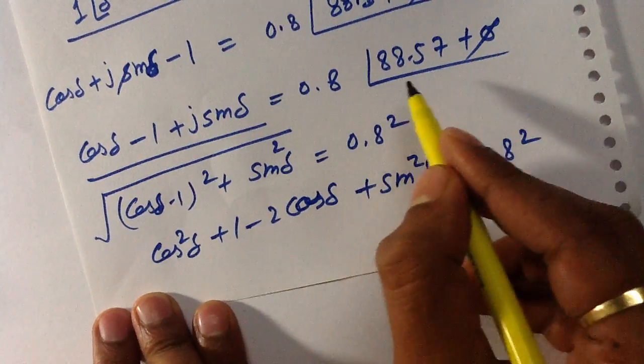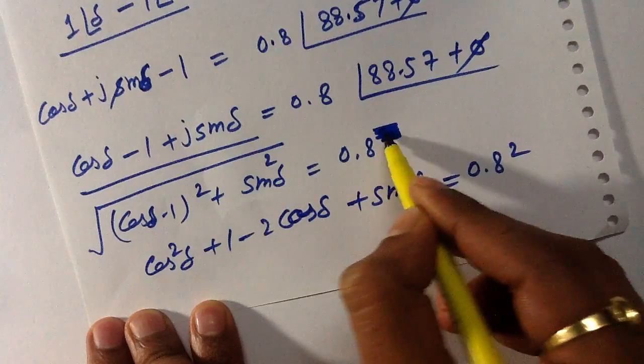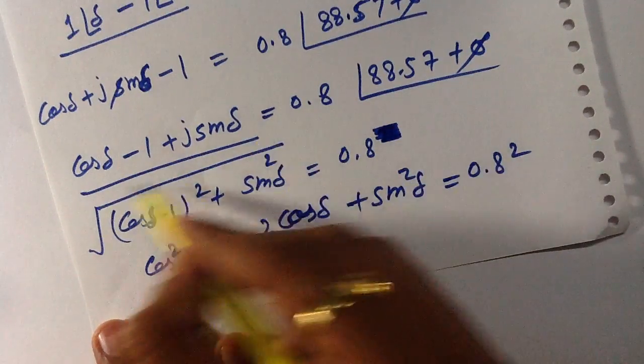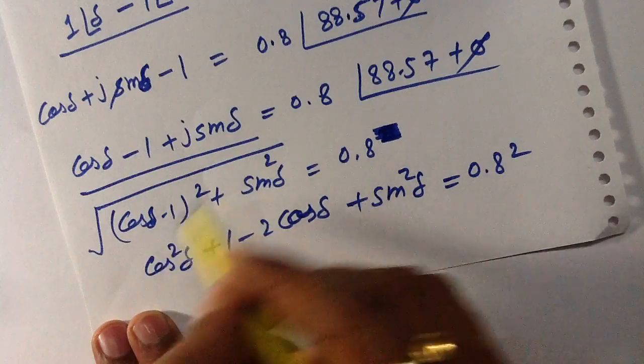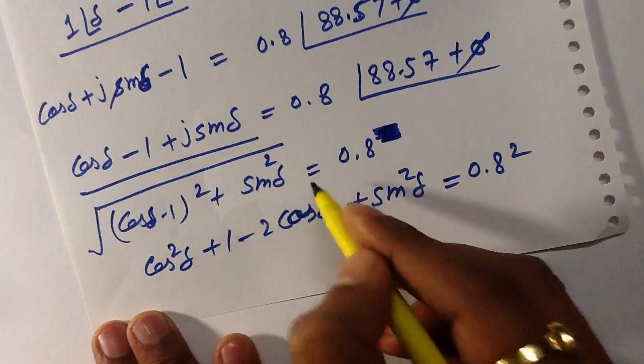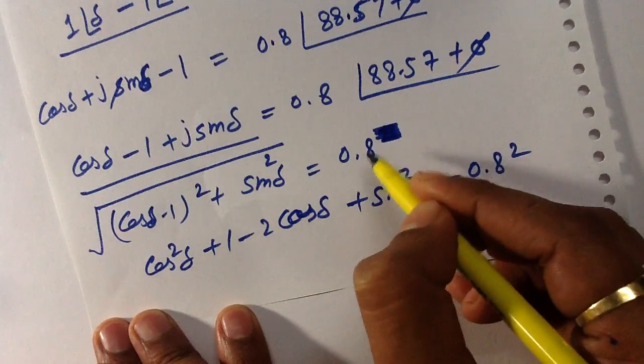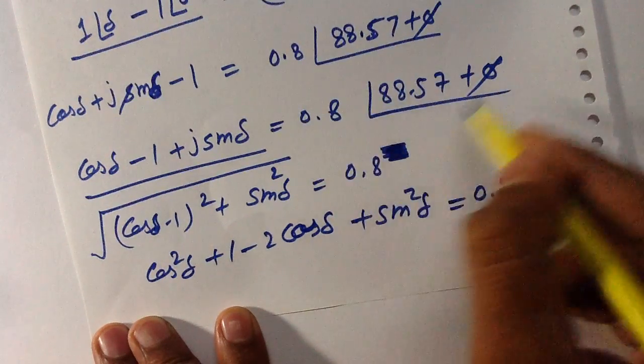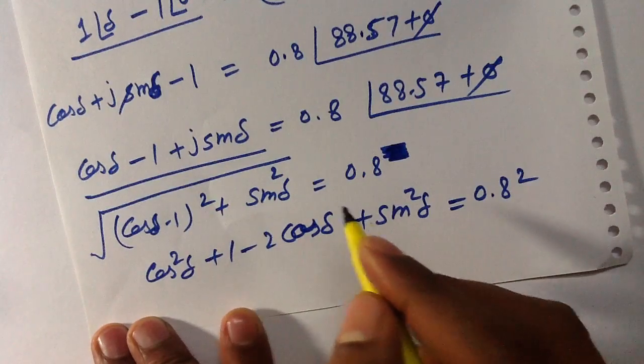So I think I have done something wrong here, the square will not be here. The magnitude of the left hand side term will be under root cos delta minus 1 square plus sin square delta equals 0.8, and 0.8 is the magnitude of the right hand side term.